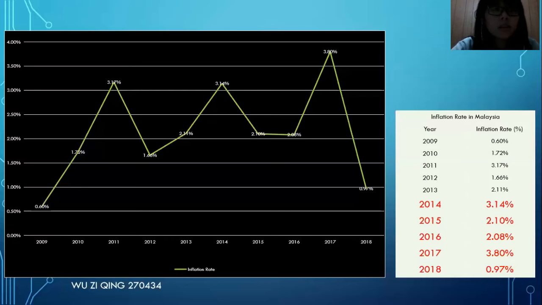The cause of the reduction was the scrapping of GST in 2018. According to the research, the removal of indirect tax would cause the drop of inflation rate. So, this was the main cause of the price level dropping rapidly in the year.